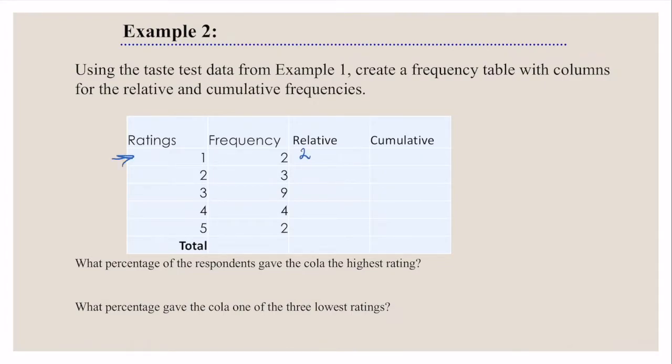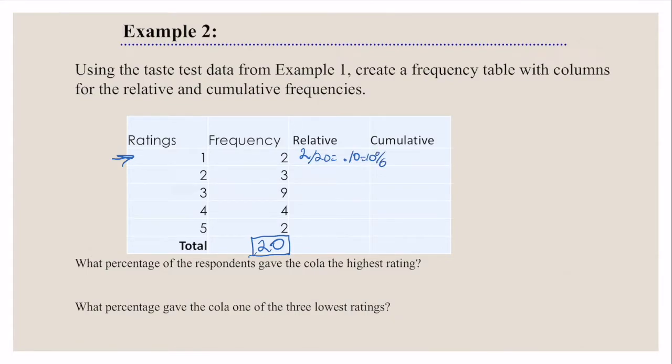Right now we're working on a rating of 1, and we divide it by the total number of frequencies in this entire table. So 2 divided by 20 is 0.10, or I could express that as a percentage, which would be 10%. It's up to you.